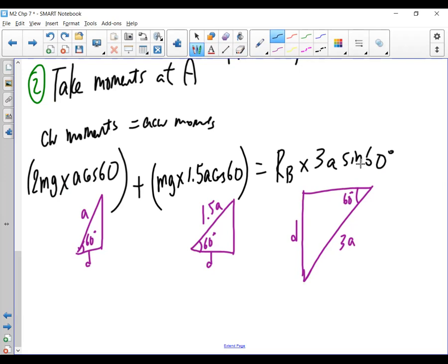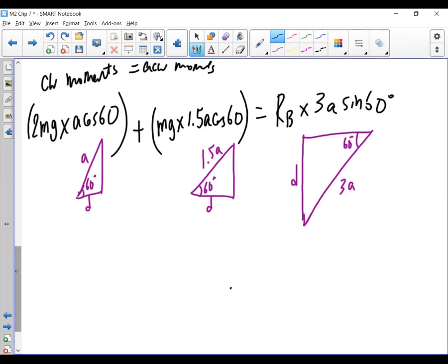Right, so once you've done that, then it's time to simplify things. So what I'll do is, in a calculator, I will put in 2 times g times cos 60. So 2 times 9.8 times cos 60 is 9.8. Lovely. 9.8 MA. Plus, for the second one, I'll do g times 1.5 times cos 60.